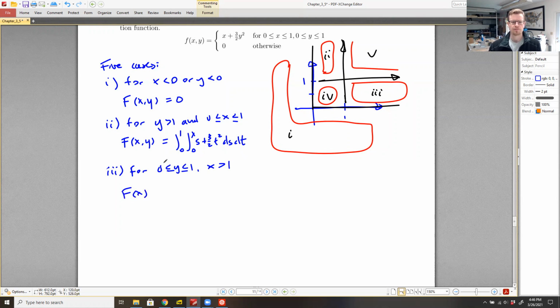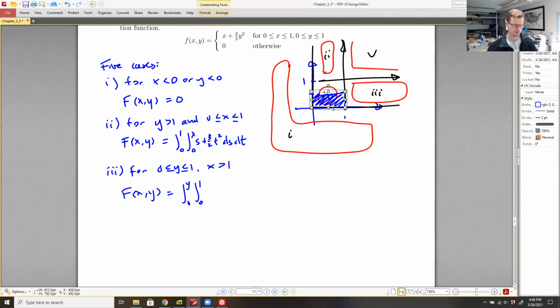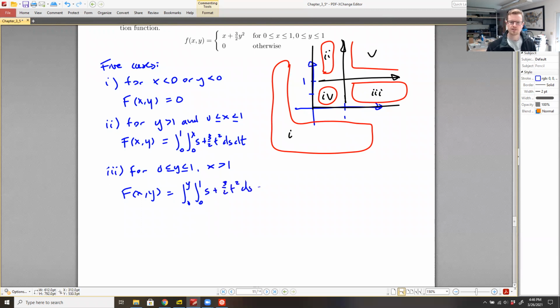Then our cumulative joint probability distribution function, if I take that particular y value, I'm going to end up wanting to look at this region. So I would integrate from 0 to 1 for x, and then integrate from 0 to y for the y. So, and it's still s plus 3 halves t squared ds dt.